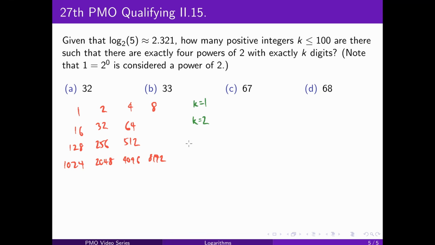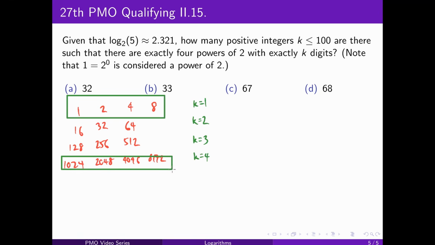This row is having k equals 2 digits, 3, and 4. And you want to know for which k would you be able to find exactly 4 powers of 2. So for example, this one is good and this one is good, but 2 digits and 3 digits are no good because there are only 3 powers of 2. Okay, so as usual, pause the video and try it out on your own.